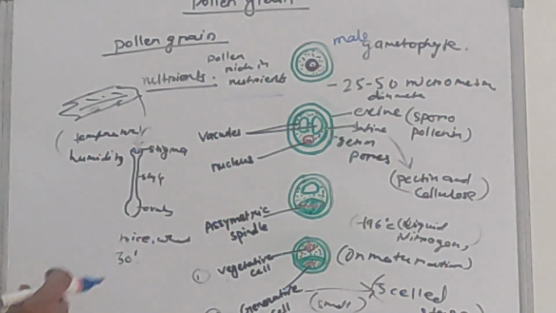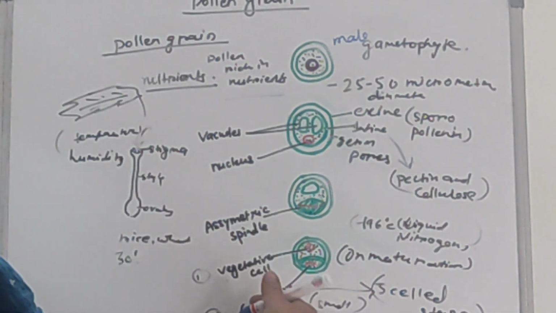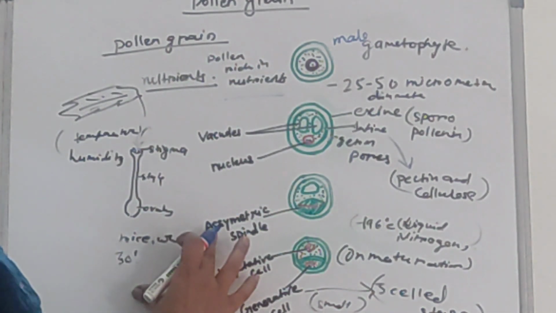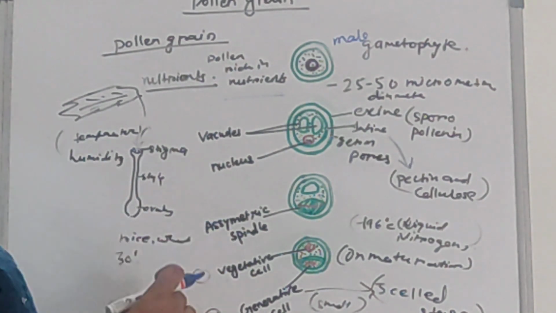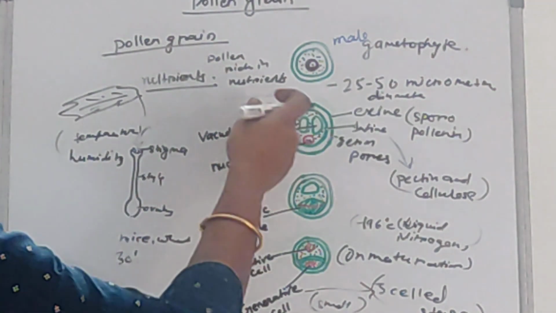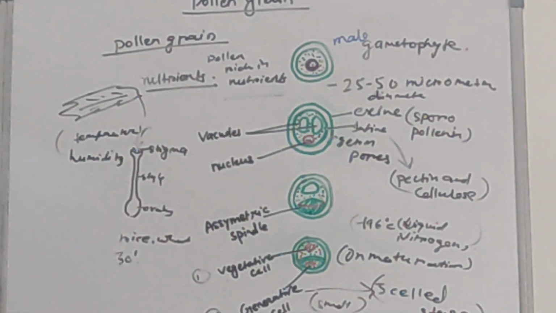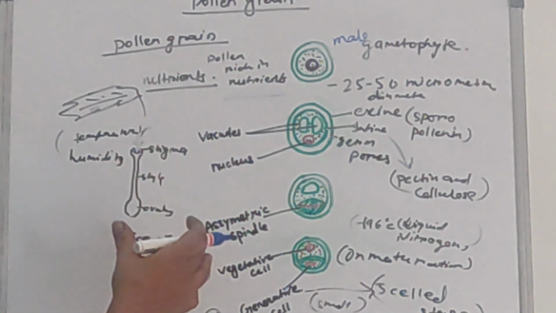Now, after maturation the pollen grains are shed. After shedding, what will happen? Once they are shed, pollen grains have to land on the stigma. Here you see the stigma, style and ovary of a flower. This is the female part of the flower.